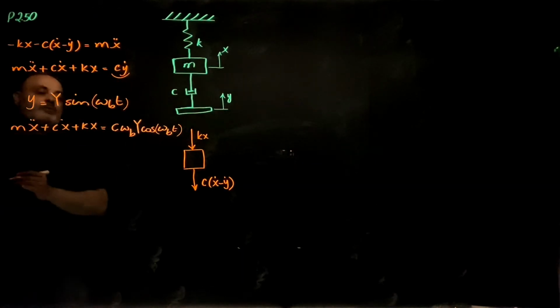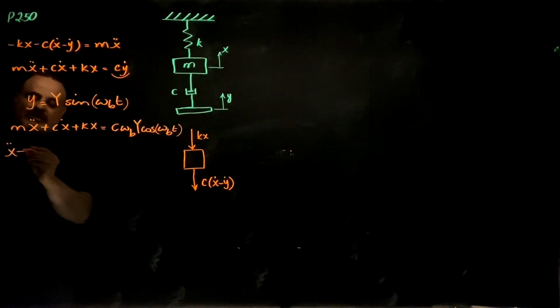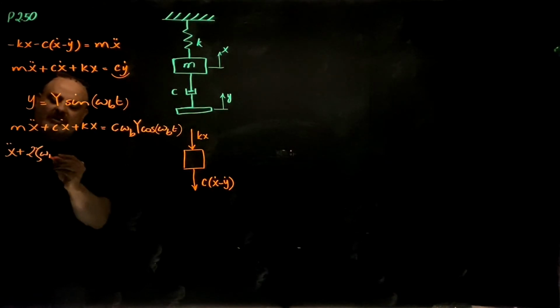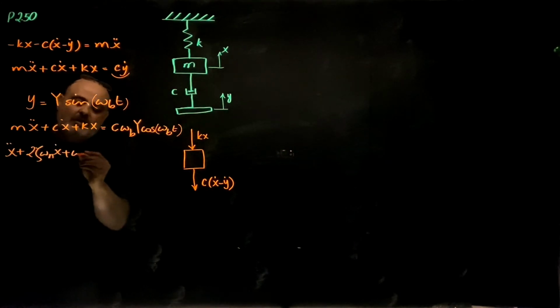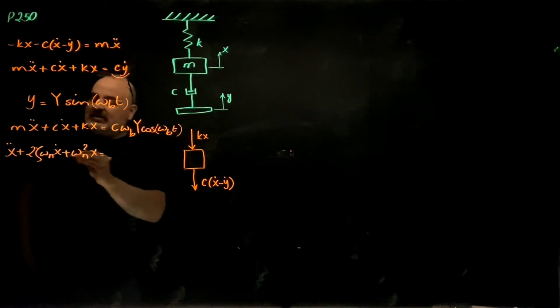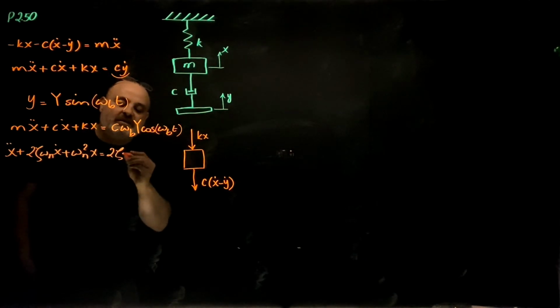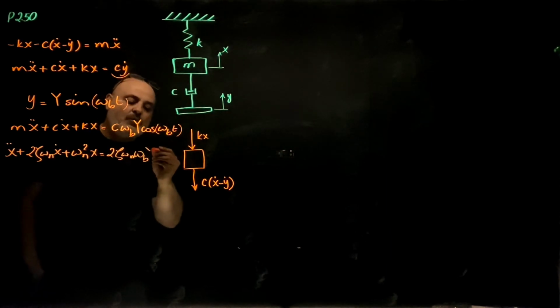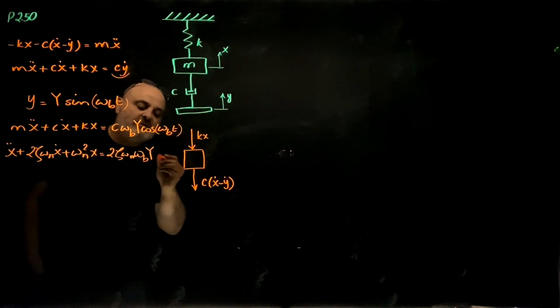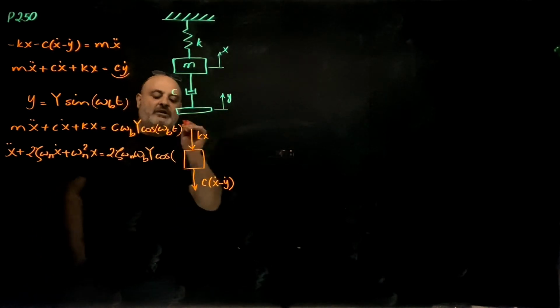And normalizing the equation by dividing by m, x double dot plus 2 zeta omega n x dot plus omega n squared x equals, c divided by m is already established as 2 zeta omega n, omega b Y times cosine omega b t.